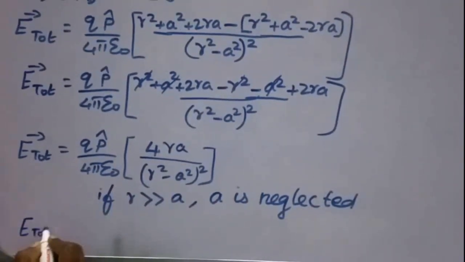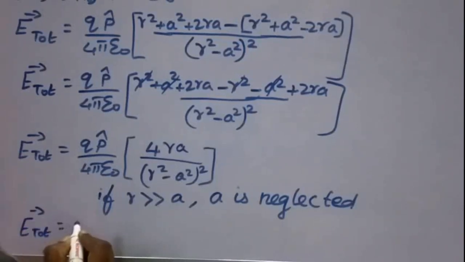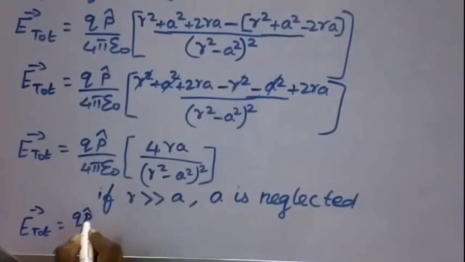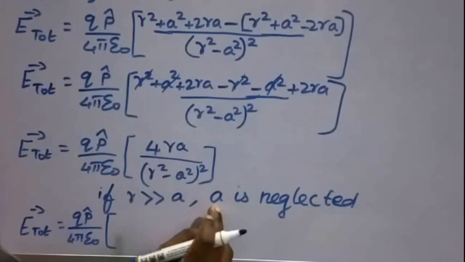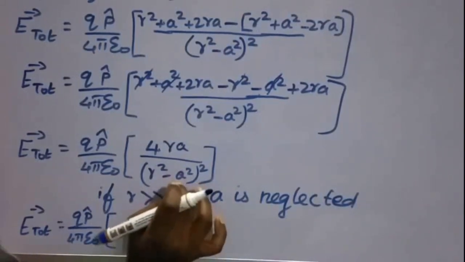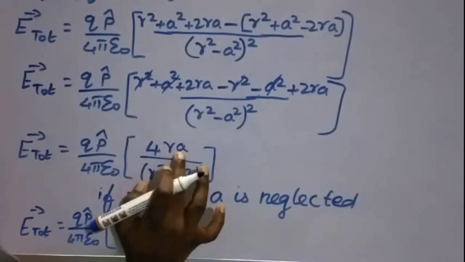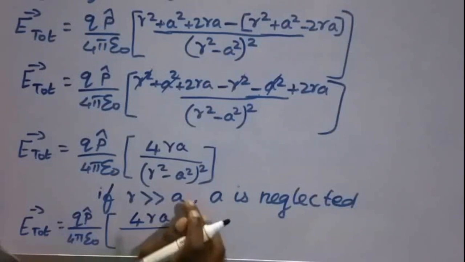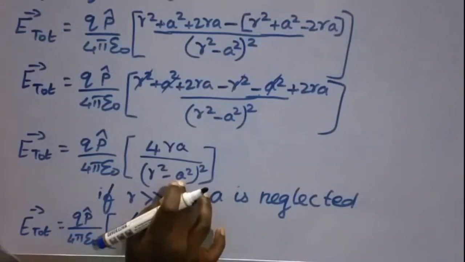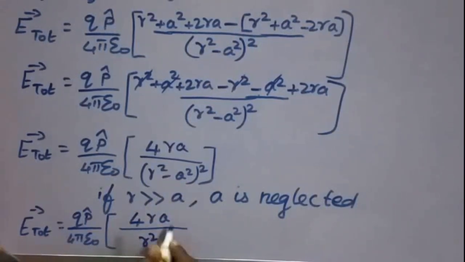E total vector equal to q p cap by 4 pi epsilon 0 into, here we are going to neglect a in the denominator only, not in the numerator. So in the numerator 4a will come, but in the denominator we are neglecting a. So what are the remaining? (r square) the whole square.